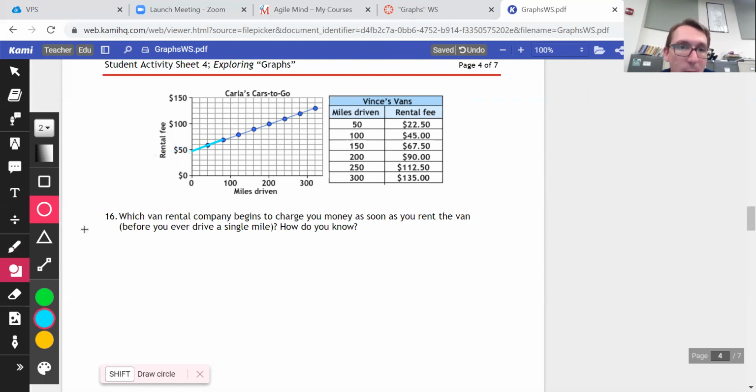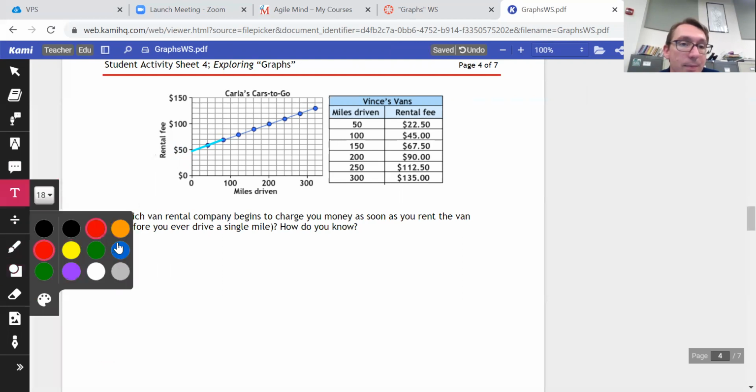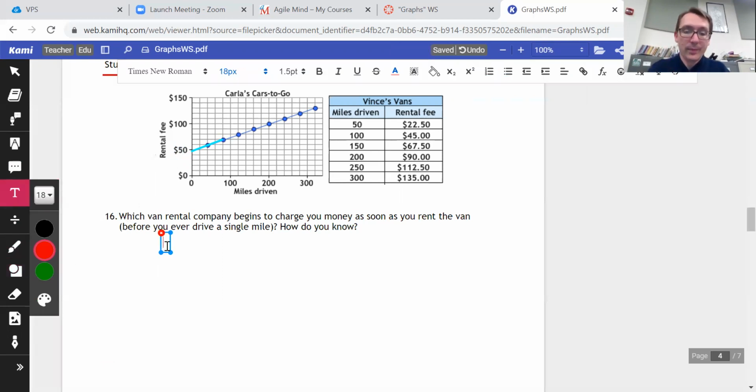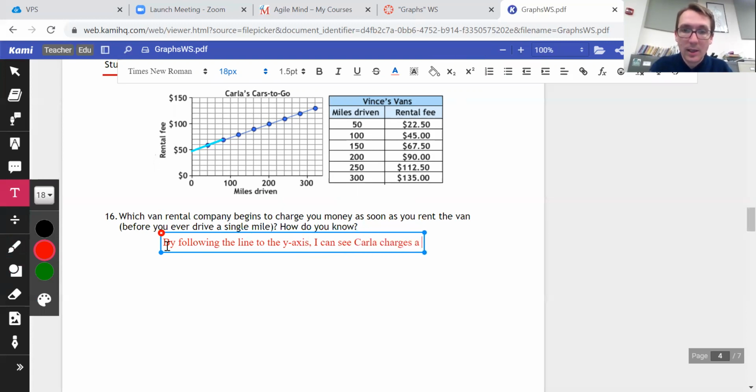So we can say, by following the line to the y-axis, I can see Carla charges a service fee, that's what we called it when we were talking about the roses, of $50.